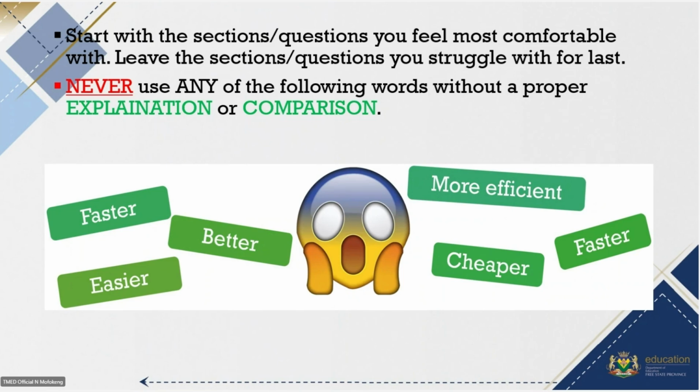So please, my dear learners, ensure that you give a proper explanation and a proper comparison. On this one, the data transmission will be faster than that one. You see now the word faster is supported by explanation. How is it going to be faster? The data transmission is going to be faster. So please ensure that we answer in detail.